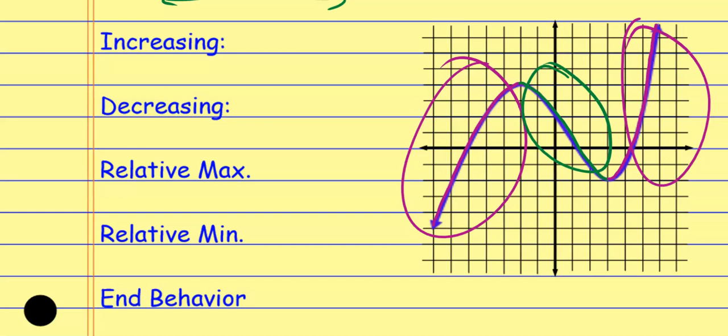I want to know the interval on which this thing is increasing. If I look at that first purple section, the up and down tells me that it's increasing, but I want to label where it's increasing, okay? It was increasing until I got to this point right here. So everything on the left side of this graph is increasing.